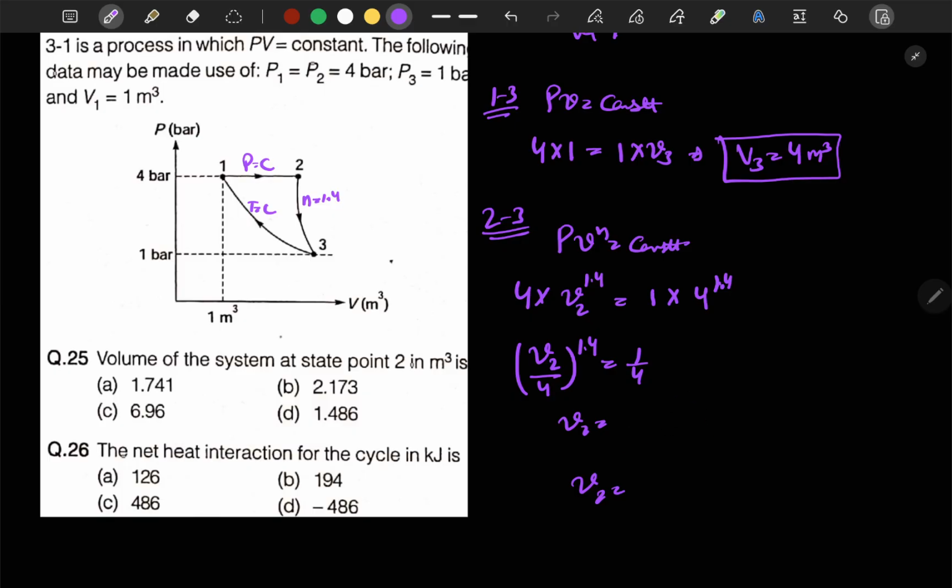I corrected that, but made another mistake. 4 into 1 by 4 to the power 1 upon 1.4. Okay, now it is correct. 4 divided by 4 to the power 1 by 1.4. So we get V2 is equal to 1.486 meter cube. So we get the answer D.